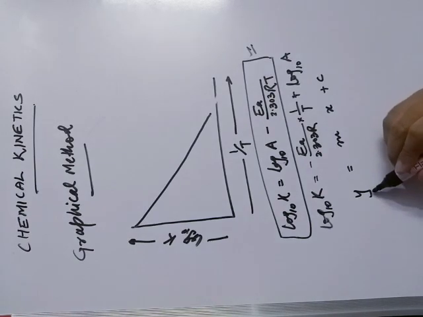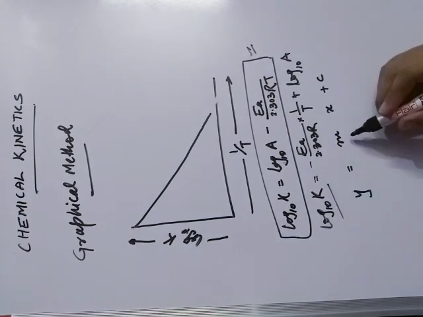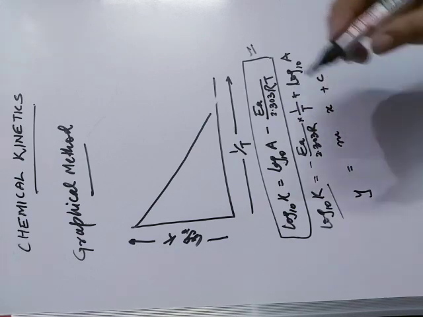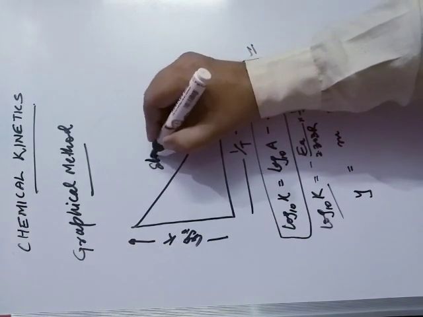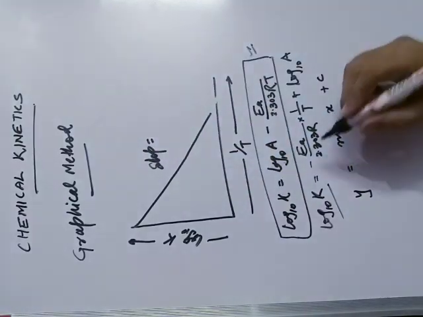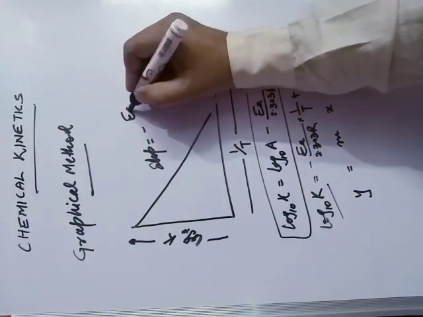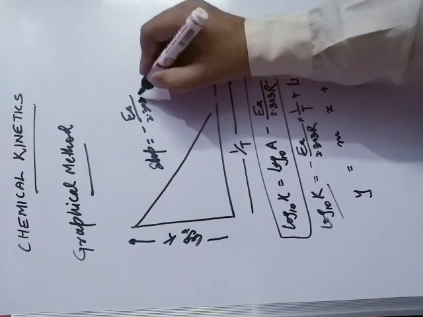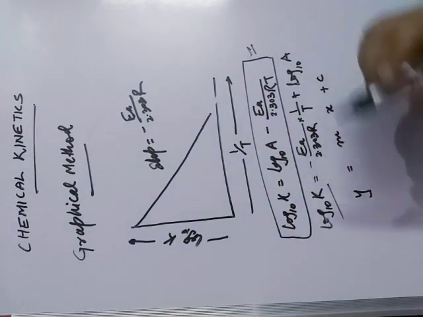So y is log base 10 K, m is the slope and x is 1 by T. Then the slope will be minus EA upon 2.303 R.